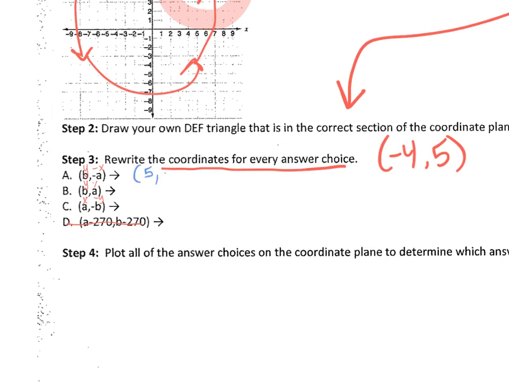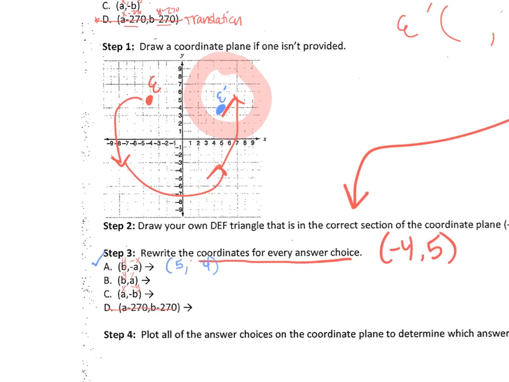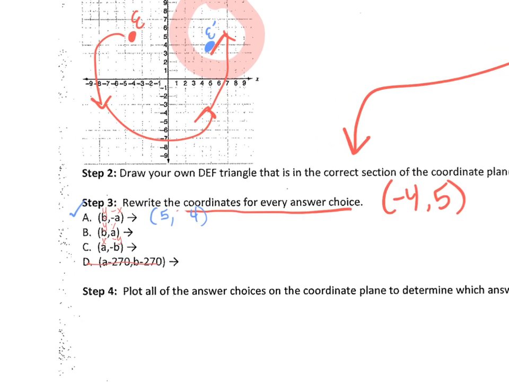So 5, negative 4, but the sign in front of X changes, so 5 and 4. So come back up on your graph, 5, positive 1, 2, 3, 4. Okay, is that the right quadrant that it should be in? Yes, I'm going to put a check mark and then we can check the rest of them.